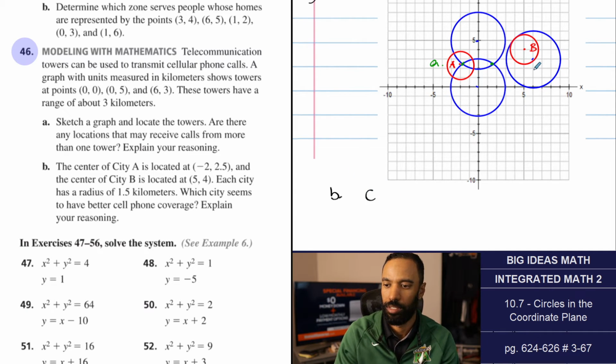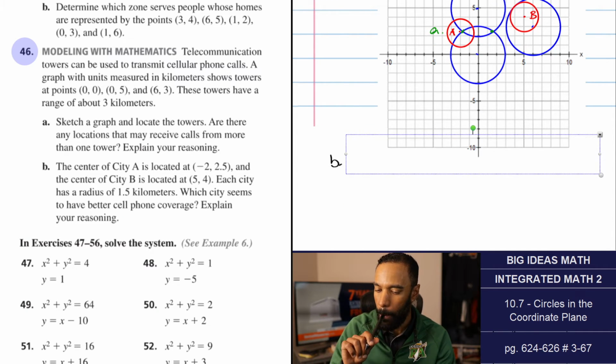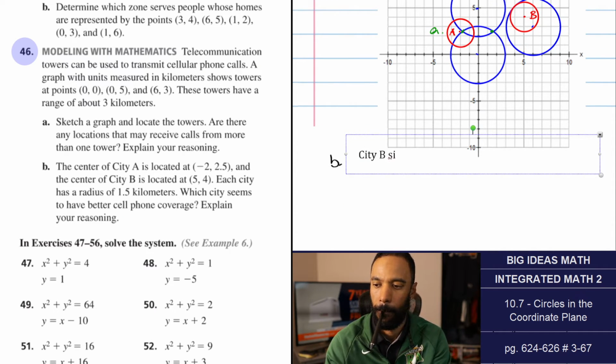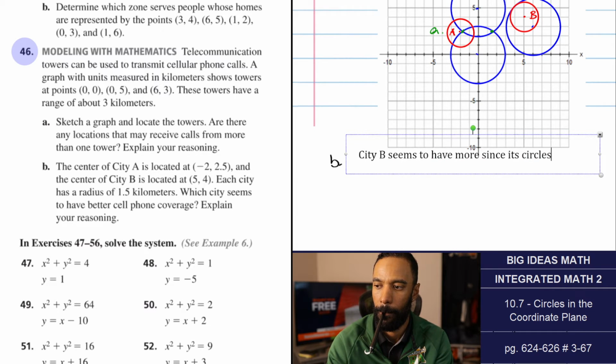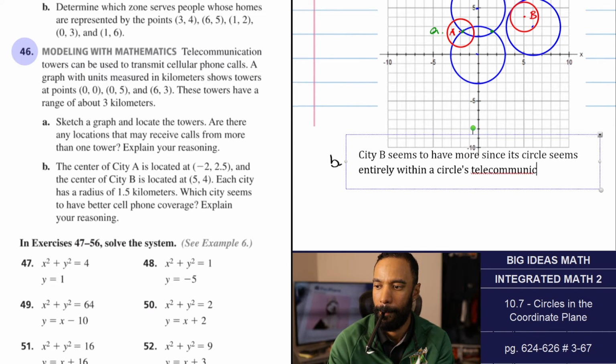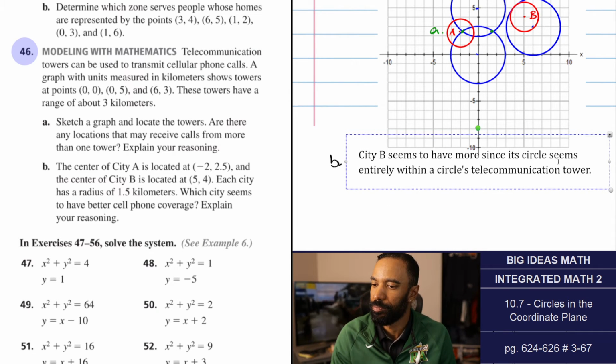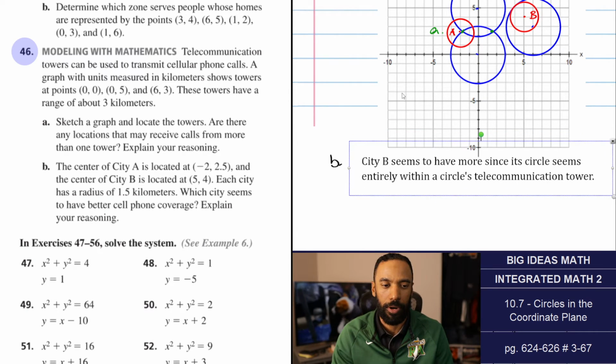Let's type it. I forgot what they called it, and I looked. So, all right, there's part B.